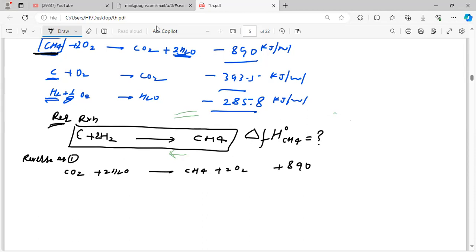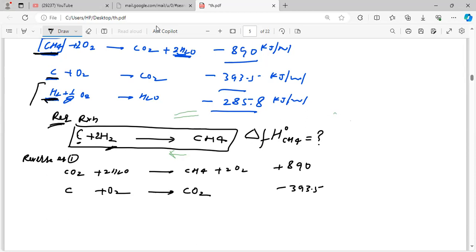How much carbon is required? Carbon is required on the reactant side here, so it stays as it is: C plus O2 gives CO2, with the same sign, 393.5. How many hydrogen are required? It is on the reactant side, but how many moles? According to the question, the required reaction needs 2 moles of hydrogen, but in the given reaction there is 1.